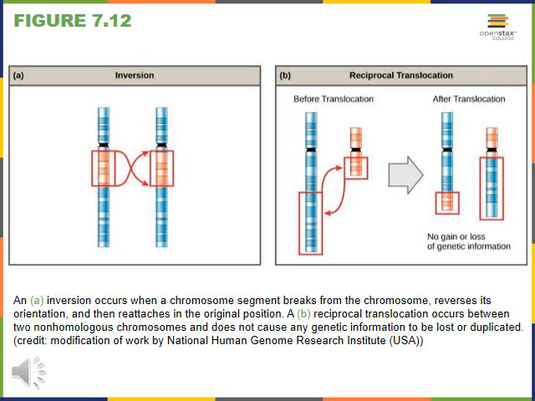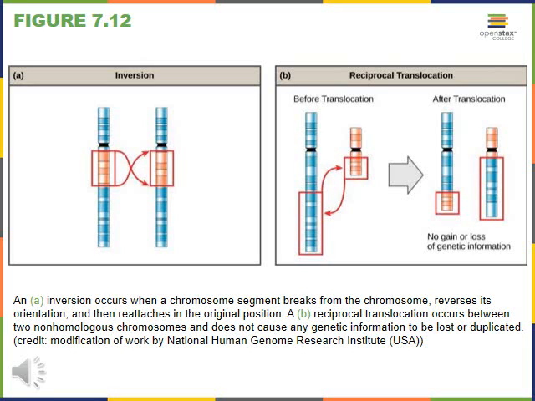the second one is B, reciprocal translocation, and that will occur between 2 non-homologous chromosomes. So remember, these chromosomes are not the same size and shape or length and don't have the same genes and alleles and things on them.